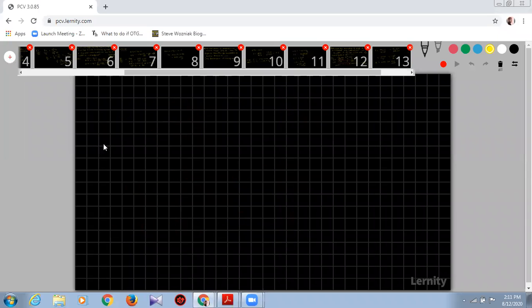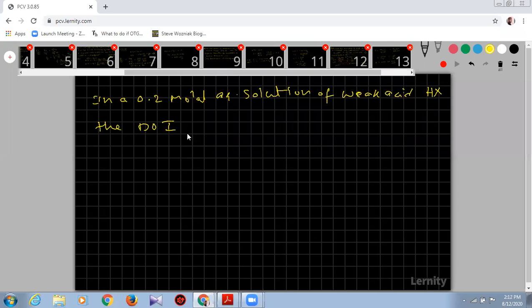In a 0.2 molar aqueous solution of weak acid HX, the degree of ionization is 0.25.